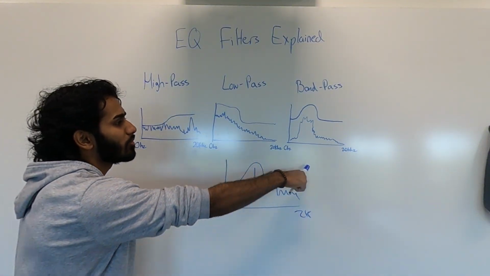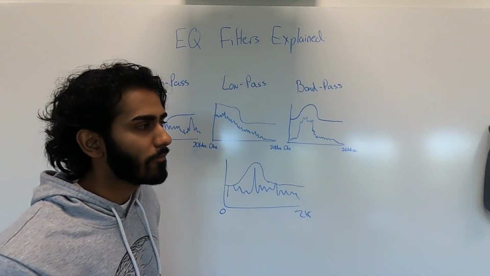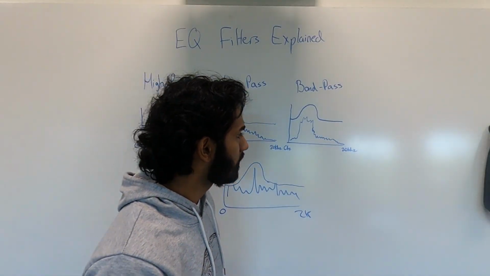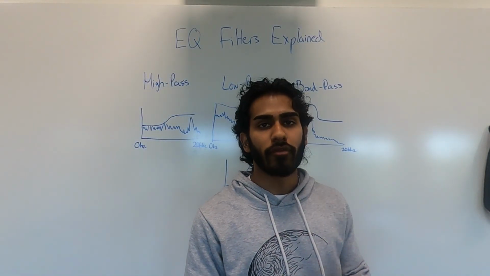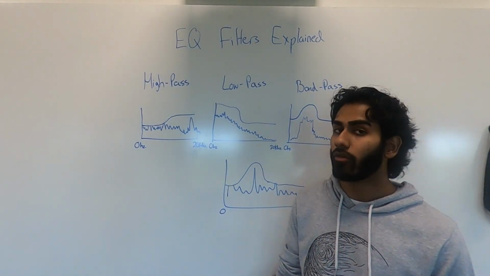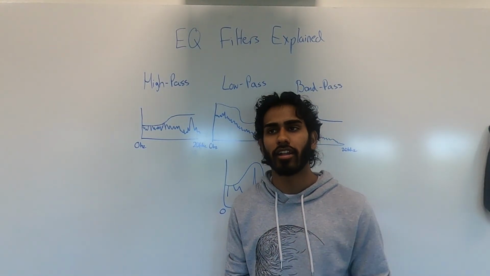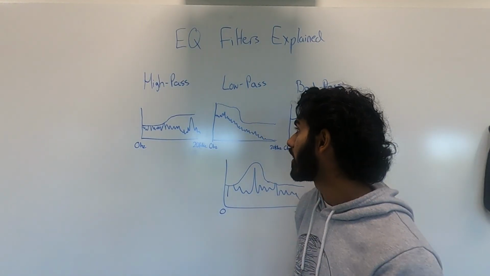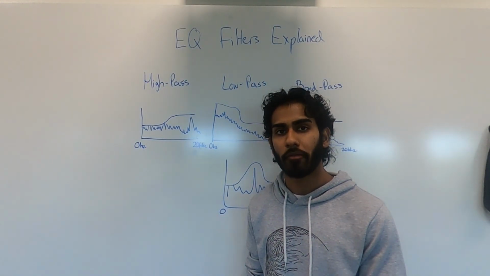So using these three principles of EQ filtering, you can make your song sound a lot better. And if you understand it, you can even start mixing people's vocals into your music and mixing your own vocals much more professionally and in a way that artists will actually want to work with you and in a way that people will want to listen to your music.